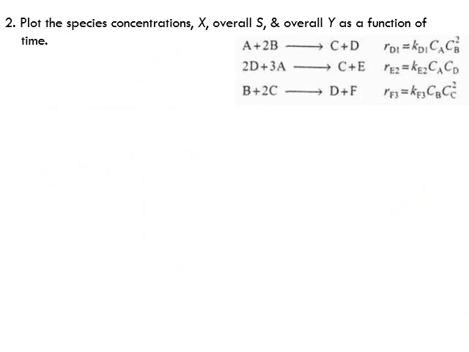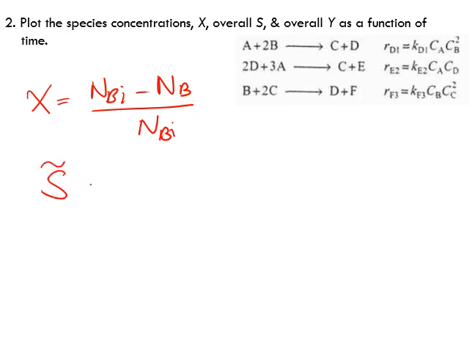Okay, so evaluate. Let's evaluate the parameters first. We write all the parameters that we need, their values. If there's an equation we have to add, let's add it. We said for X, the equation was Nbi minus Nb divided by Nbi, and for the overall selectivity, S tilde, selectivity is the comparison between the desired product and the undesired product.